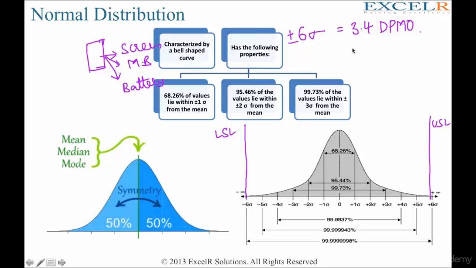I'm just giving you some additional insights here. Now, if you fit plus minus 3 standard deviations on either side of the mean, it is not Six Sigma. From the mean, which is your peak, to one side of the specification limit, there has to be 6 standard deviations that you fit in.